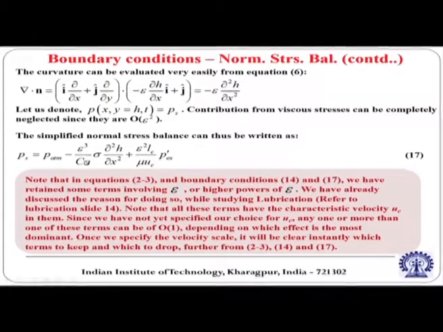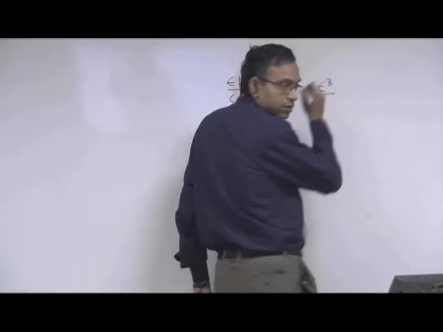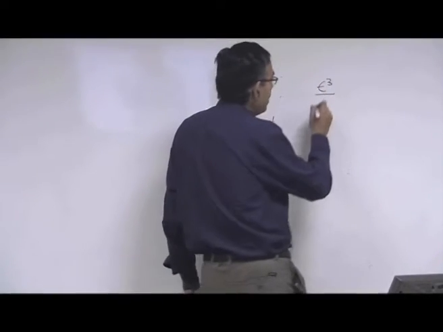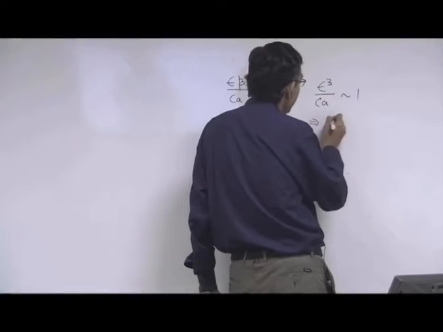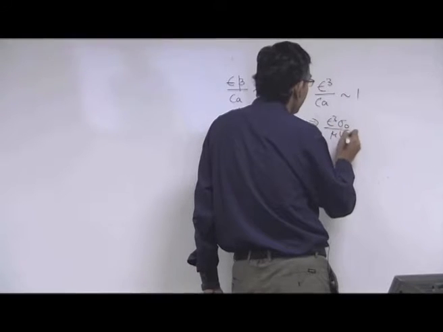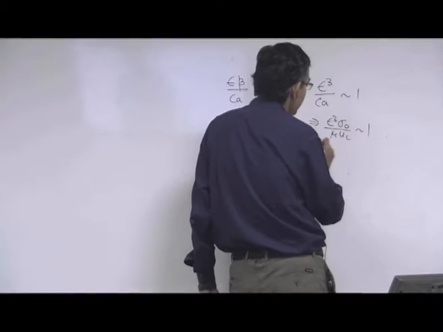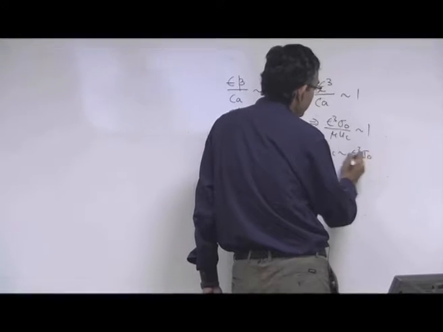So epsilon cube by capillary number should be of the order of 1 if the Laplace pressure is dominating. So let us come to the board, epsilon cube by capillary number of the order of 1. So epsilon cube sigma 0 by mu uc is of the order of 1, that means uc is of the order of epsilon cube sigma 0 by mu.